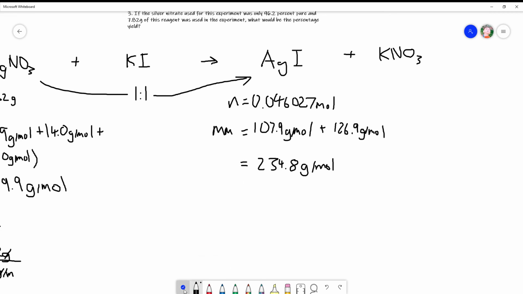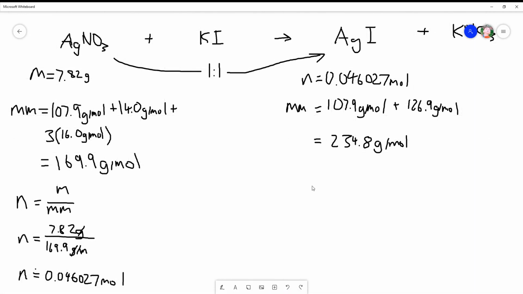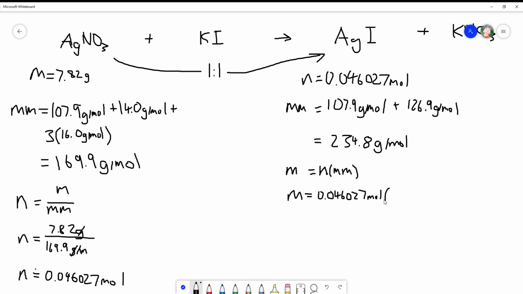And using these two, we can rearrange the formula over here and find the mass. Once we rearrange the formula, it should be m equals n times M, or mass equals number of moles times the molar mass. So the mass of silver iodide is 0.046027 moles multiplied by 234.8 grams per mole.